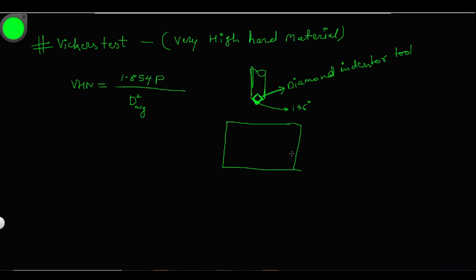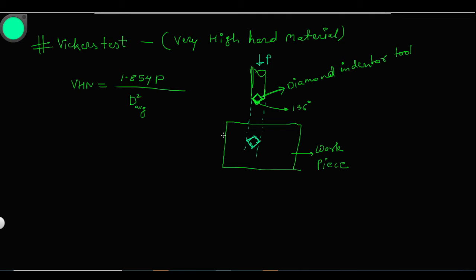And by using this indenter tool we measure the hardness of the material. This is the workpiece whose hardness we want to know. We punch this tool by applying force, suppose P, on the punch tool. Some indentation will be on the surface of this metal piece, suppose in this shape.